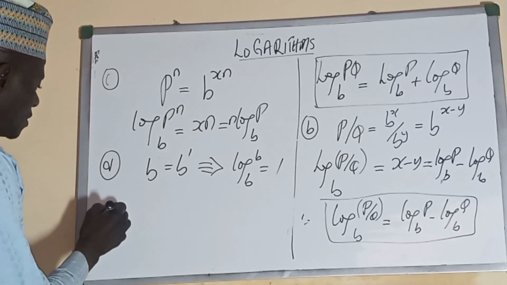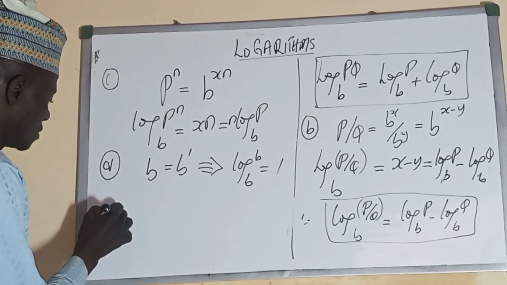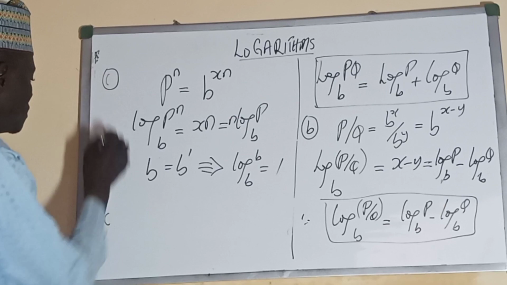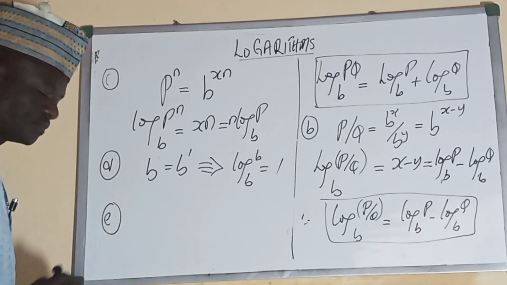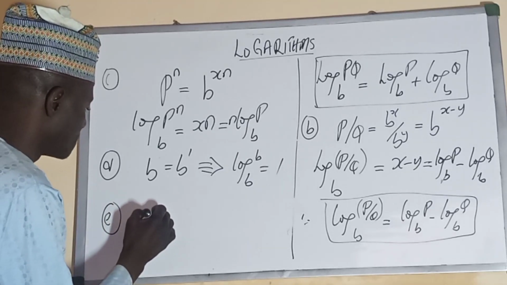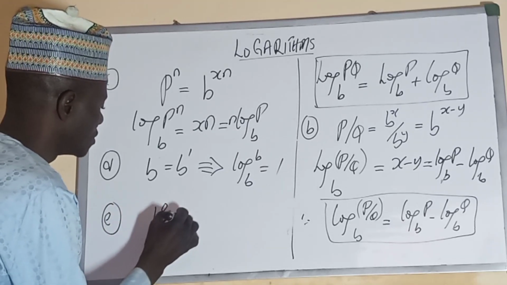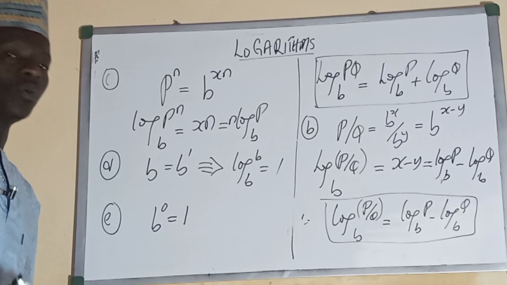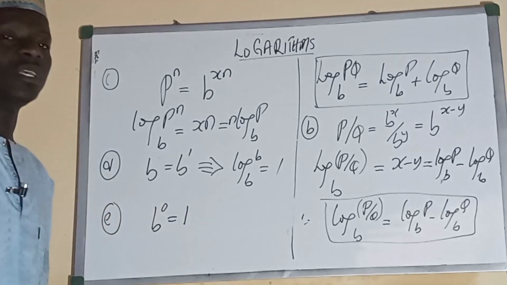Then we have a, b, c, d, and number e. When you have b power 0 equal to 1, we all know that any number to the power 0 will give us 1.